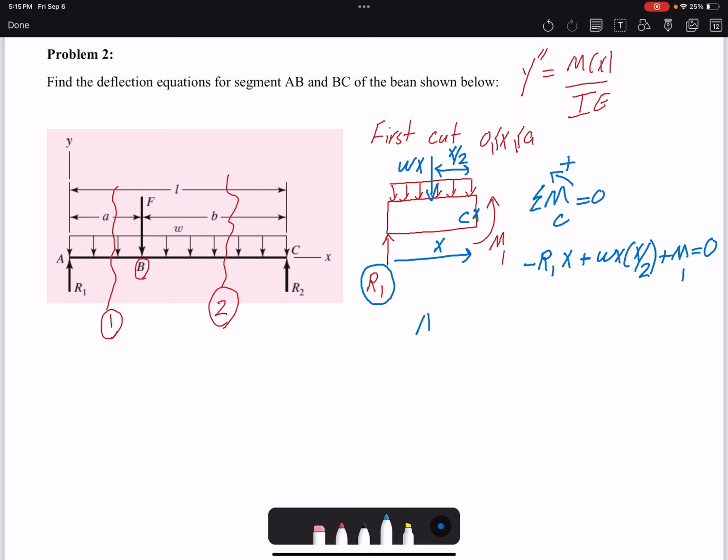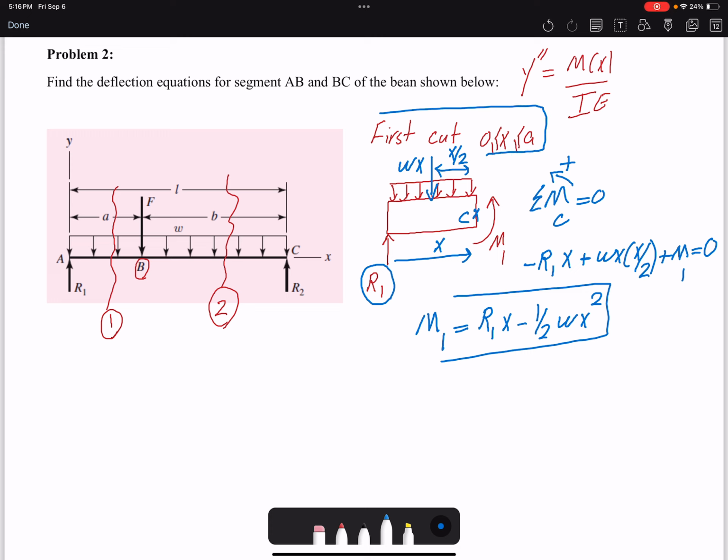So at the end, if I rearrange it, M1 would be R1 x minus half of w x squared. And that's for the first cut, for this condition between 0 and a in this region.